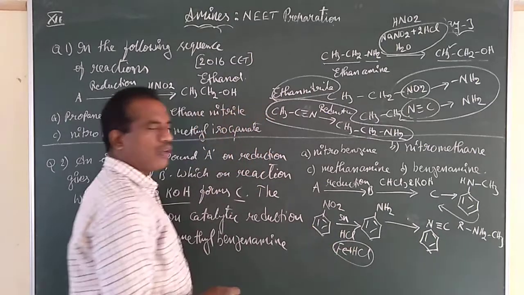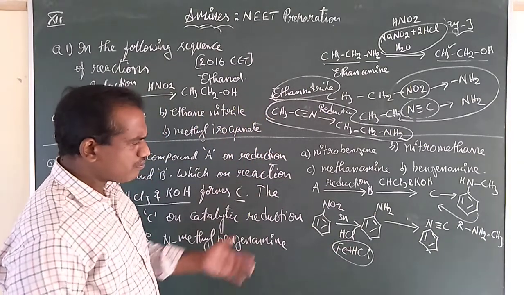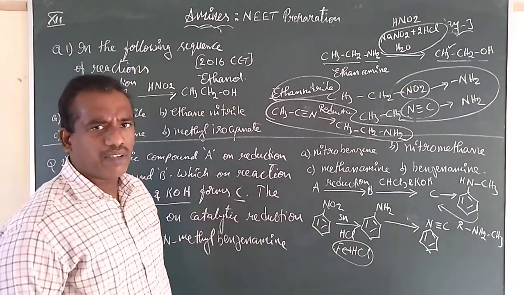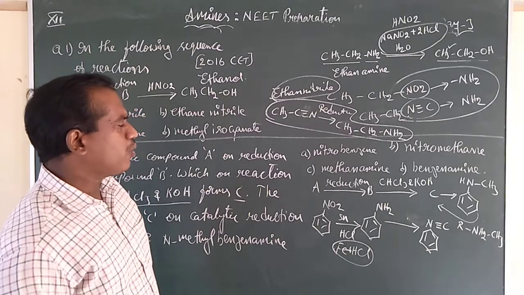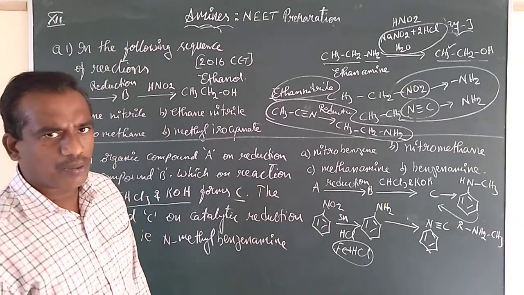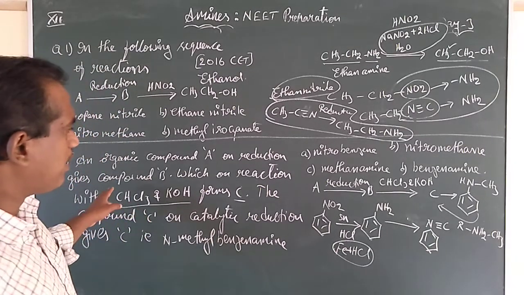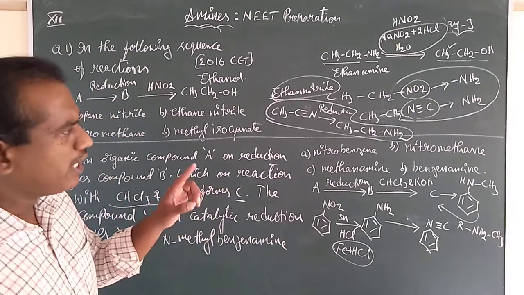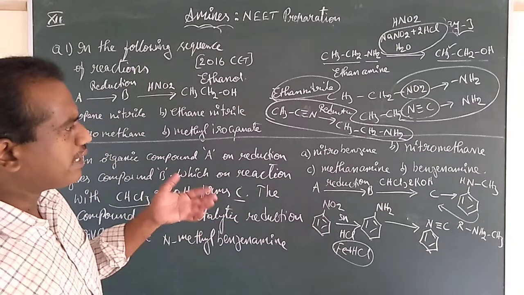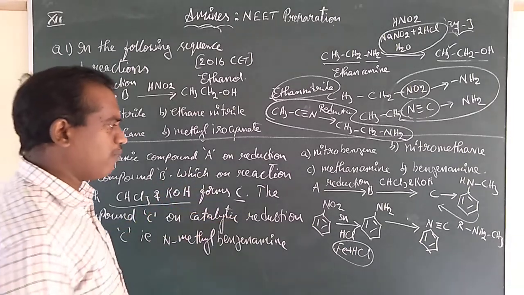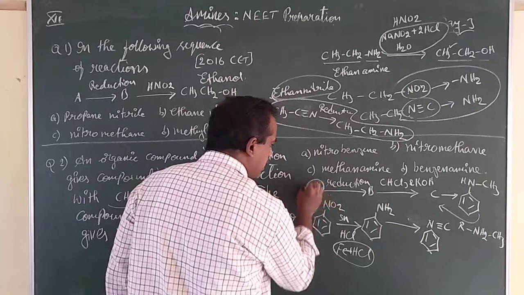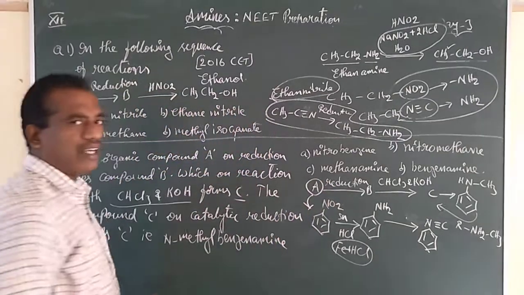Reduction goes on to form the amine. So this method of reverse reaction must come up. So what will be your option? Your option will be nitrobenzene. What is the starting material A? Among nitrobenzene, nitromethane, methanamine, benzene amine, if they are asking for A, A is nitrobenzene.